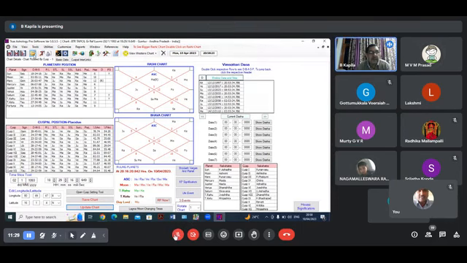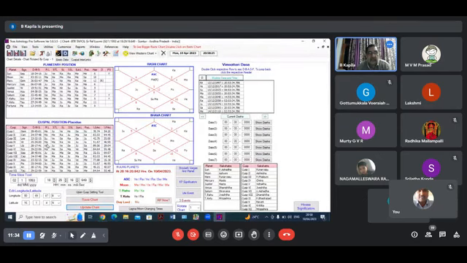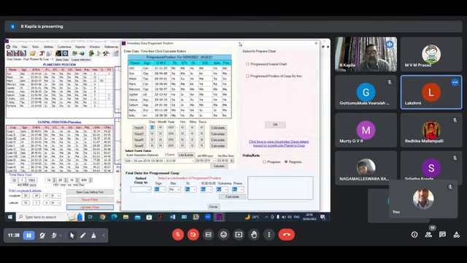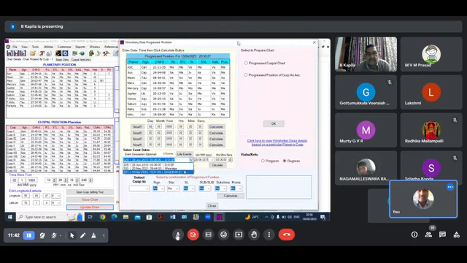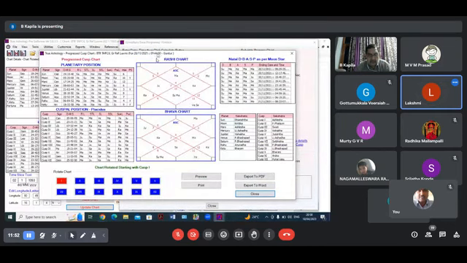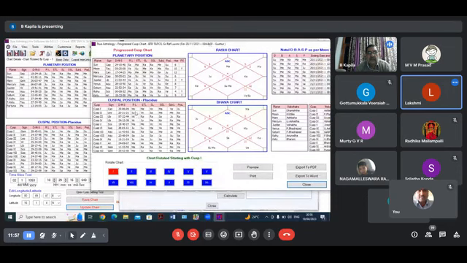Okay, so we were talking here about the progression chart. Is the progression chart visible? Yes. So we were talking about the marriage. Now we had discussed Moon.